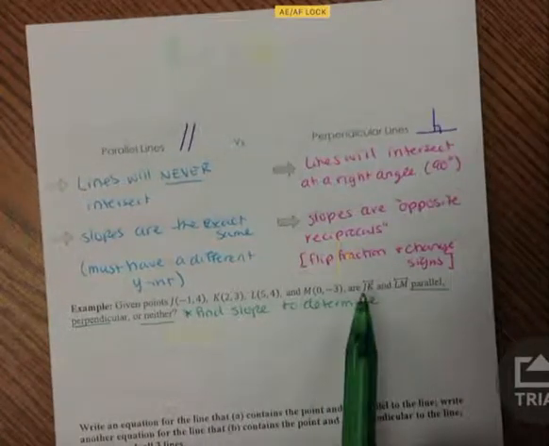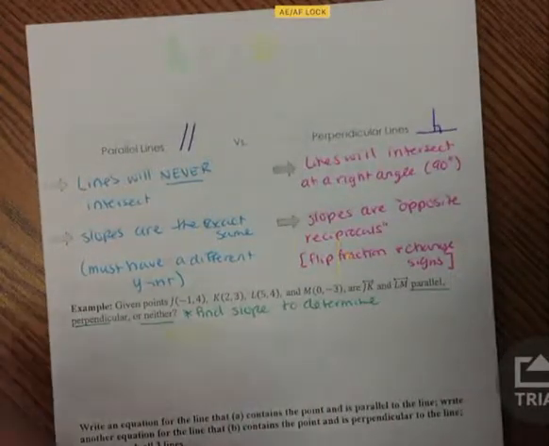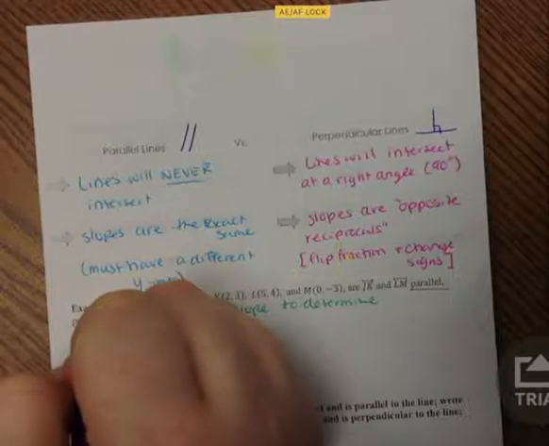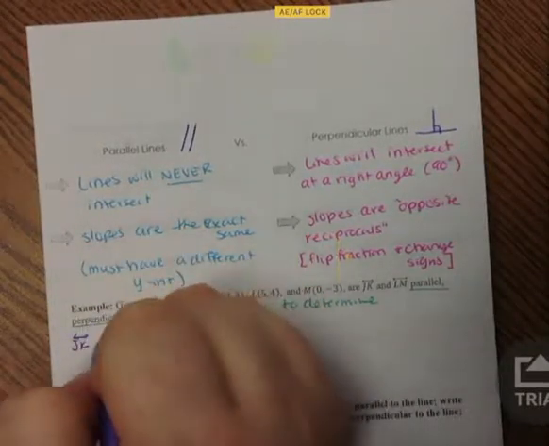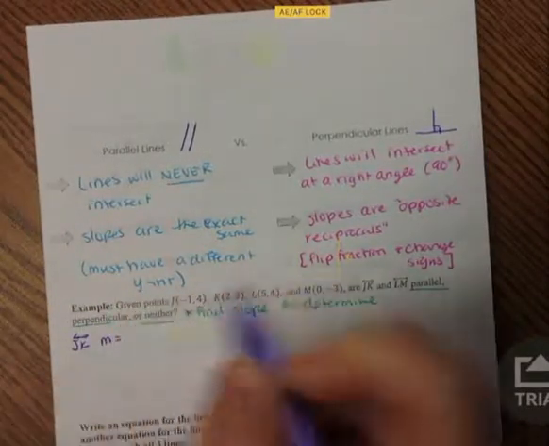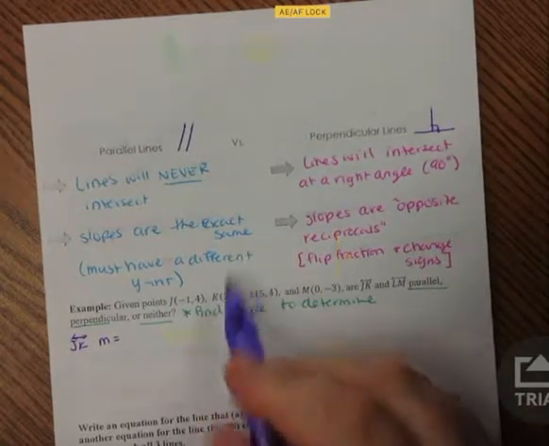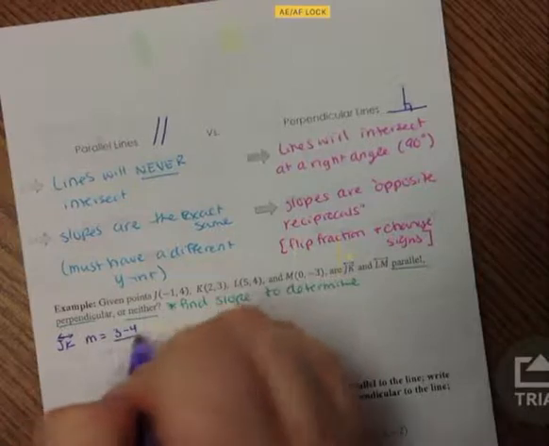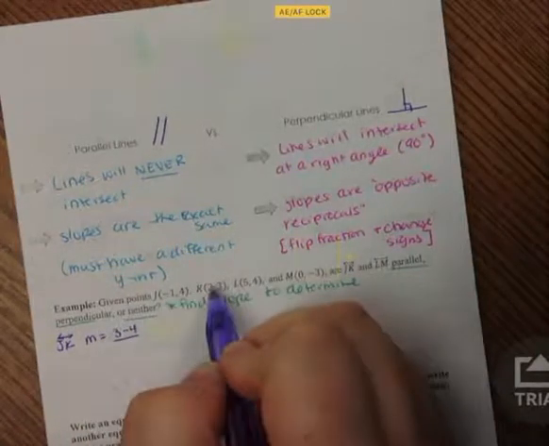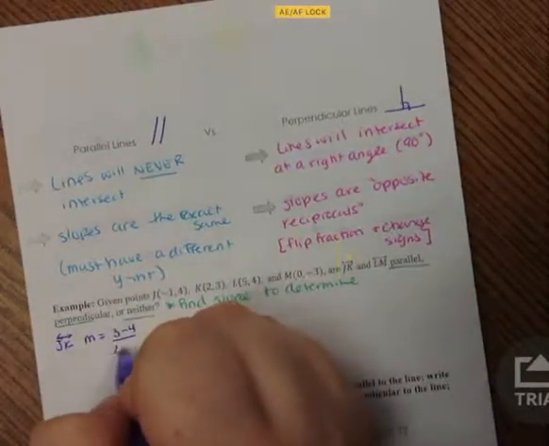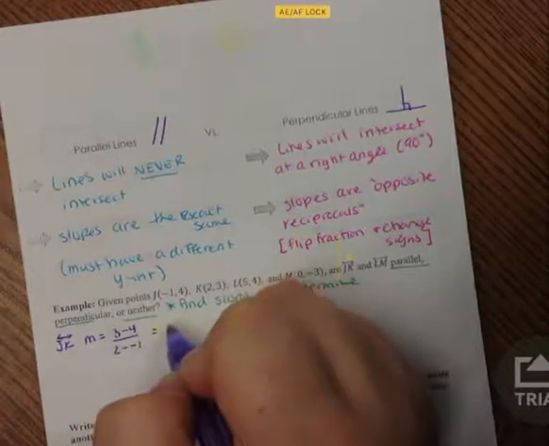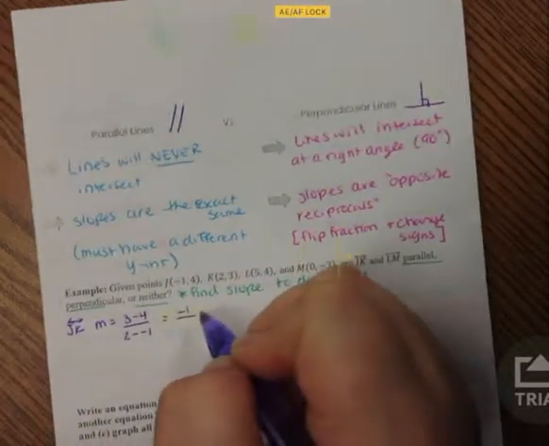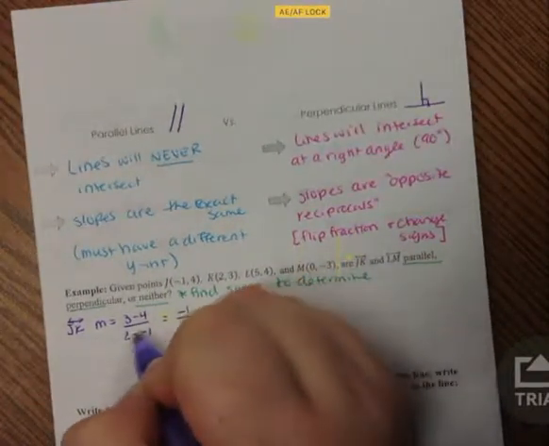So we want to focus on JK, so line JK. Slope for JK, okay, so we're looking at J and K, is y minus y, so 3 minus 4, over x minus x, so 2 minus negative 1. So 3 minus 4 is negative 1. 2 minus negative 1 is really a 3 because you add those.